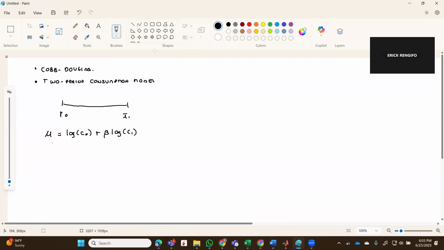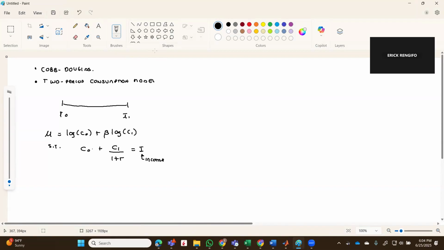Okay, and the only condition that we have is my subject to, basically that my consumption at period 0 plus my discounted consumption of period 1, discounted at a given interest rate, must be equal to my income. So now this I represents income.